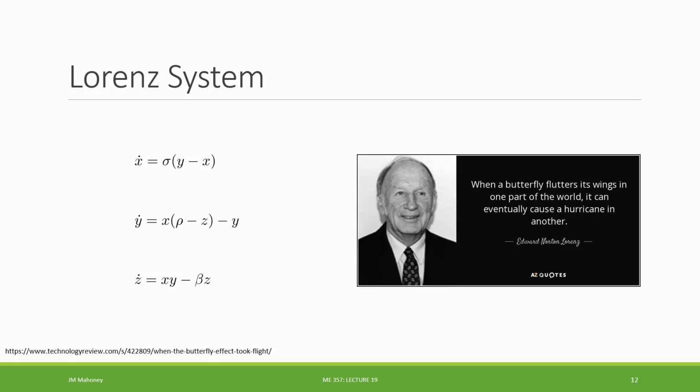However, when it was put through the computer and forecasted out several days, it turned out to be a big difference in the final value. So this system was showing what we call a sensitivity to initial conditions. A very small change in the initial conditions resulted in a large change in the forecast.